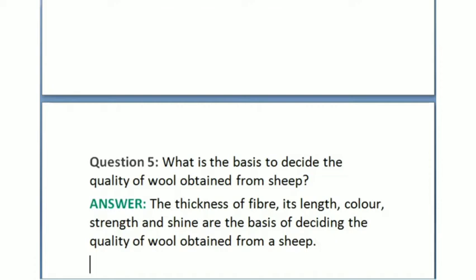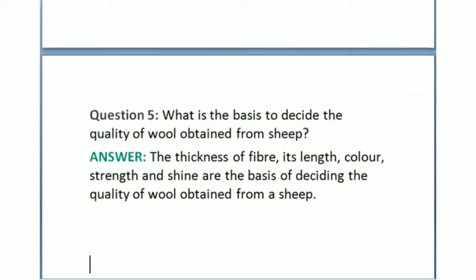The answer is, the thickness of fiber, its length, color, strength and shine are the basis of deciding the quality of wool obtained from a sheep. So from length, color, strength and shine, we can decide which quality of wool it is, right? Moving further, question number 6.